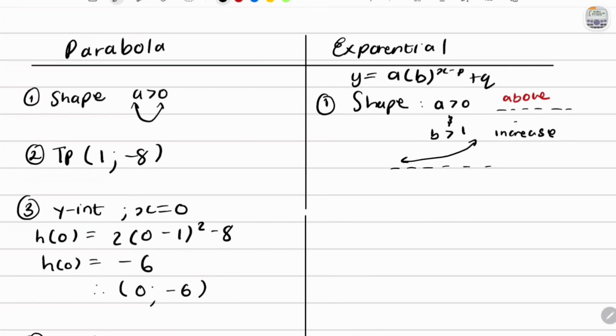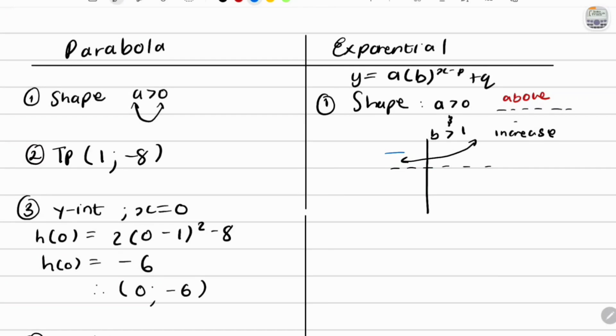Now, there's another thing about this graph. Remember, it lies on a Cartesian plane, right? So we're going to have a y-axis for sure and an x-axis. Now, the thing about the x-axis is sometimes this graph is like this. For example, let's say the x-axis is here. If the x-axis was here, it means that this graph will never cut the x-axis.